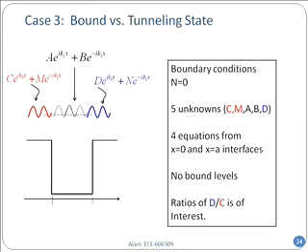Here, I have been able to take out just 1. And therefore, I cannot solve this problem exactly, right? I cannot have an eigenvalue problem. And so there are no bound levels, no eigenvalues, because I cannot set the determinant equal to 0 with 5 unknowns. And the maximum I can do is to express everything in terms of 1 unknown.